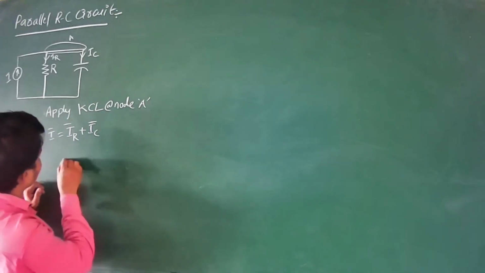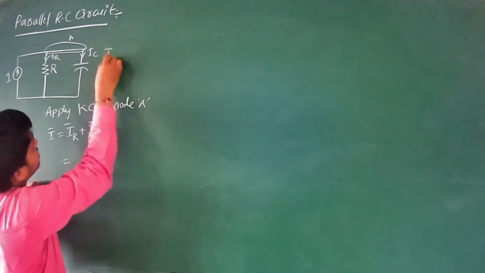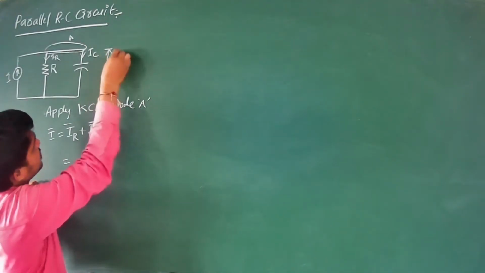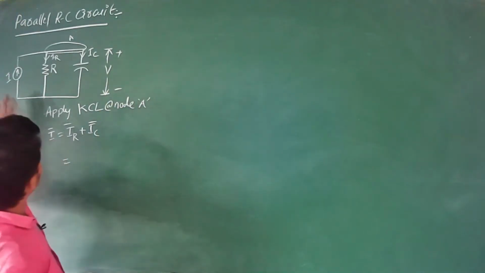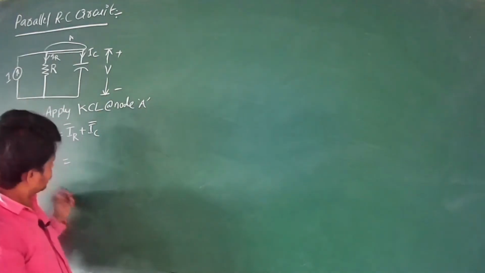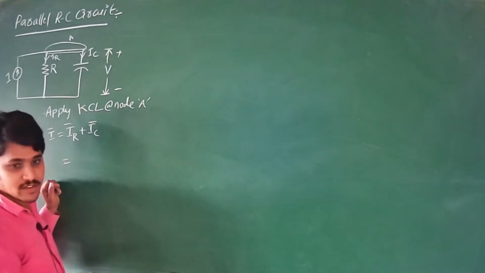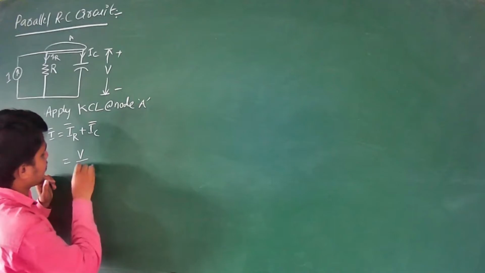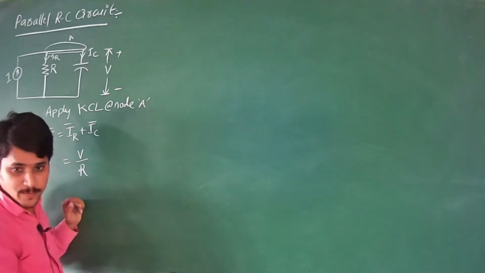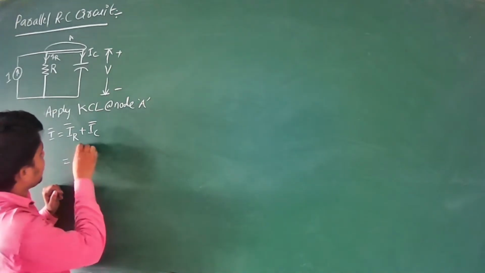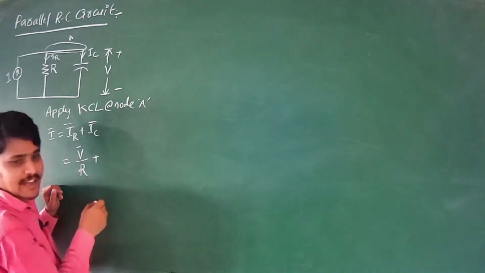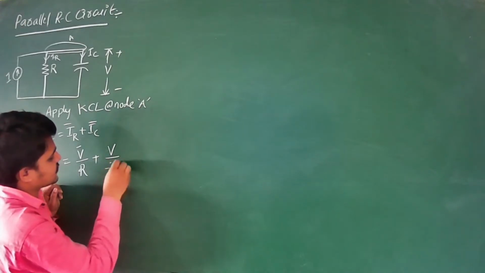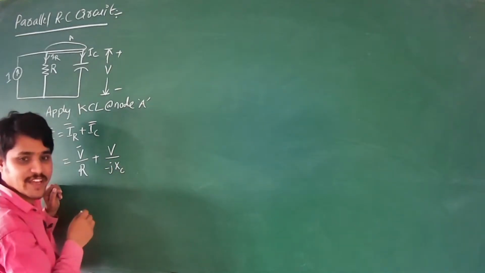Now, we know that the voltage is constant in a parallel circuit. Therefore, the voltage is V across these parallel-connected elements. For the resistor, the current IR is given by V by R according to Ohm's law, and IC is V by minus jXC.